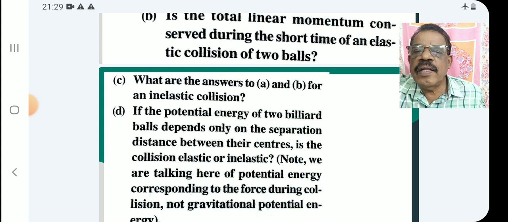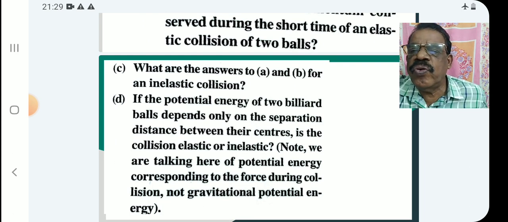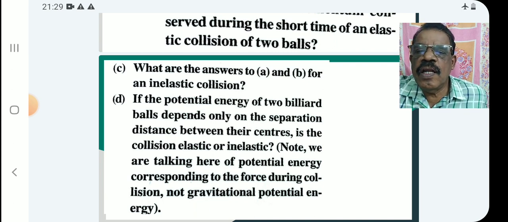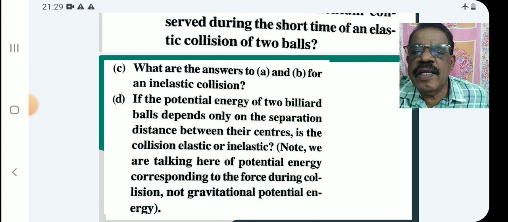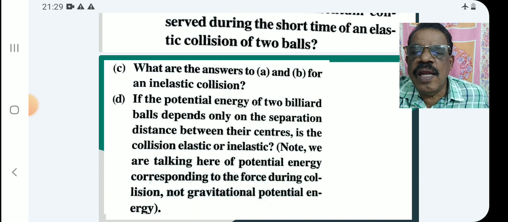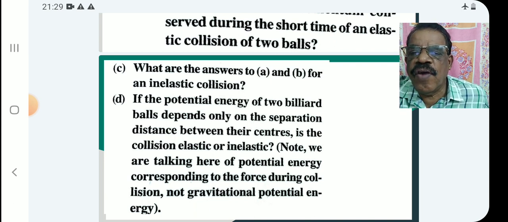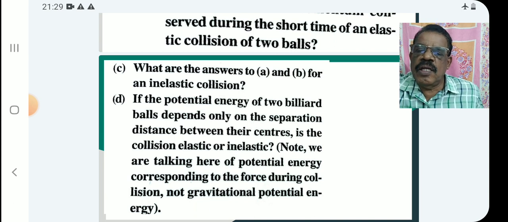Number C, what are the answers to A and B for inelastic collision? Number D, if the potential energy of the 2 billiard balls depends only on the separation distance between their centers, is the collision elastic or inelastic? Note, we are talking here of potential energy corresponding to the force during collision and not gravitational potential energy.